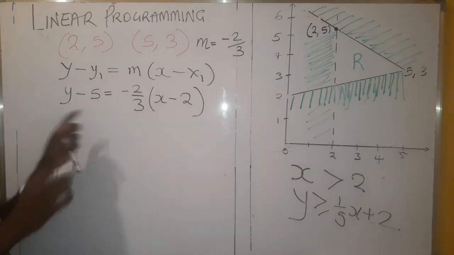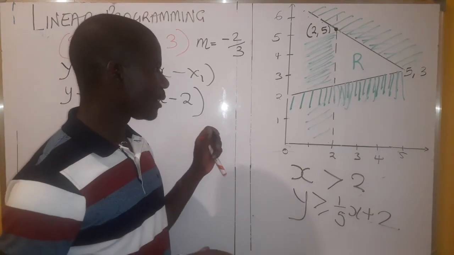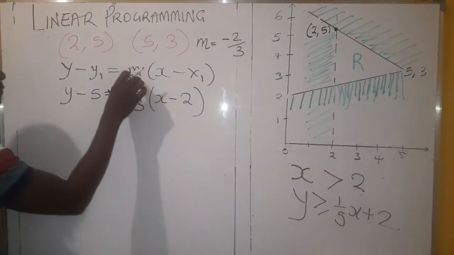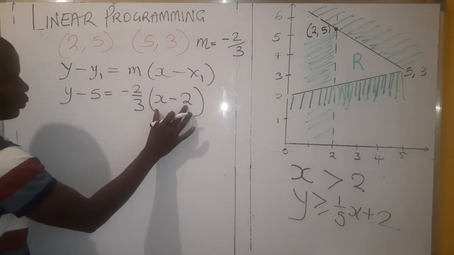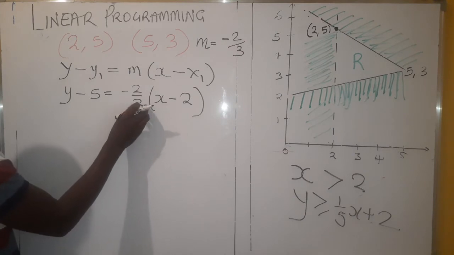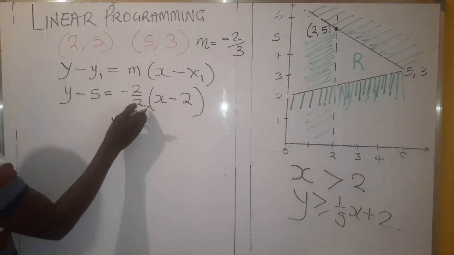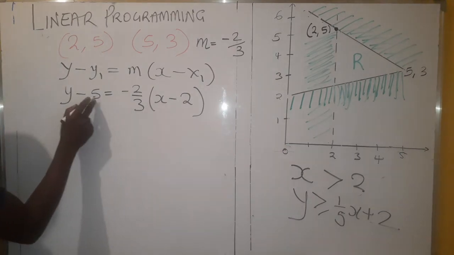This is the point I was trying to explain at the beginning: if the gradient is a fraction and this coordinate is not 0, it is easier to simplify when you cross multiply. What do I mean? We multiply this 3 by this part.